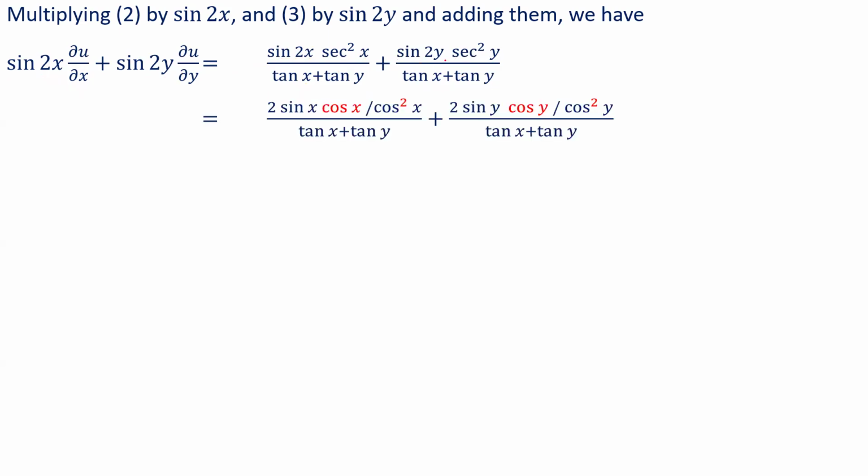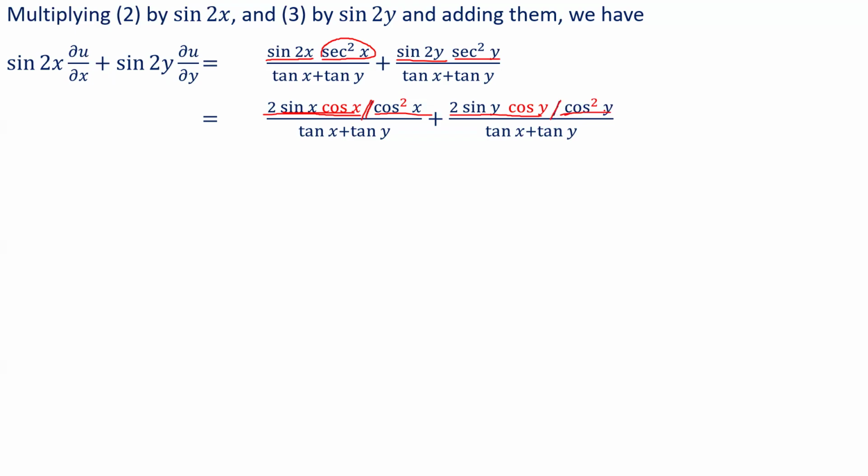Let us convert this sec square into cos square. Sin 2x is 2 sin x cos x, and sec square x is 1 upon cos square x. Similarly, sin 2y is 2 sin y cos y, and sec square y is 1 upon cos square y.